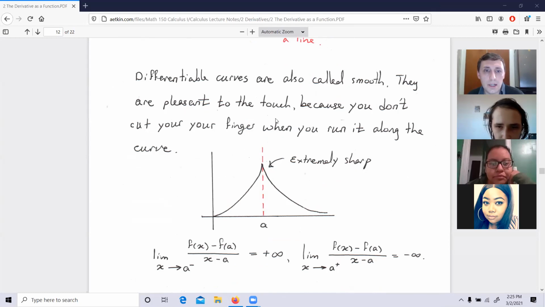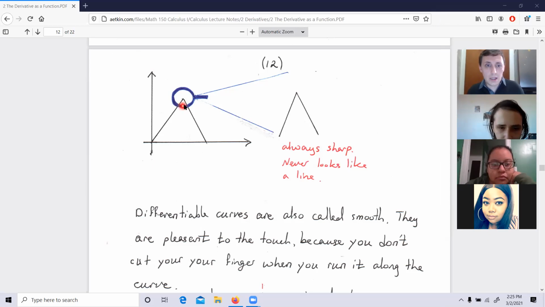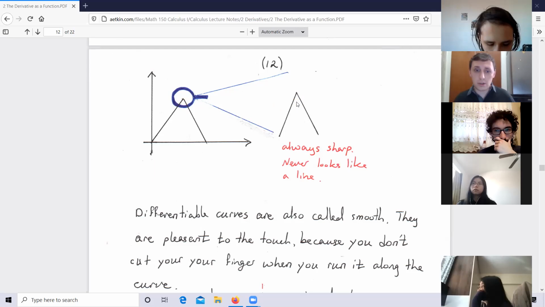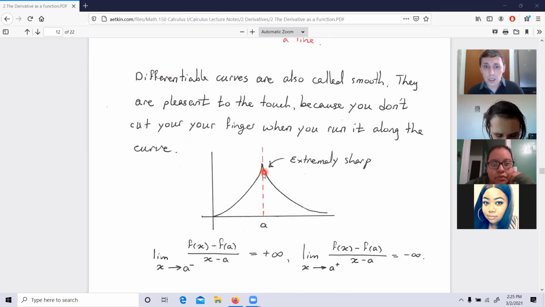Because when you think of differentiable, you think smooth. That means you're not cutting yourself. So the more you cut yourself, the less differentiable the curve is. Here, no matter how much I zoom in, the angle between the two line segments that make the curve remains the same. Whereas if I have this type of wedge, the closer I come to the tip, the shorter is the angle.